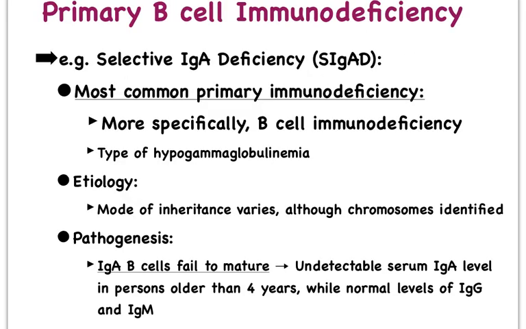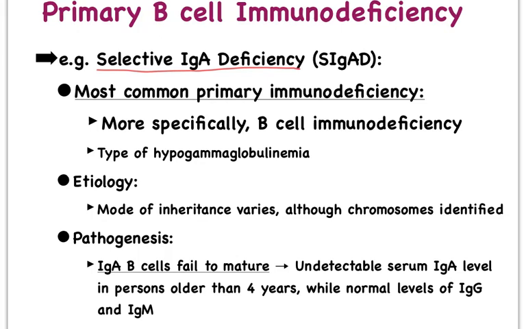Another good example of a primary B cell immunodeficiency is called selective IgA deficiency, and I will typically abbreviate it as follows. Now, this is also the most common primary immune deficiency. It is a B cell immunodeficiency, but even if we look at all primary immunodeficiencies, this is the most common.